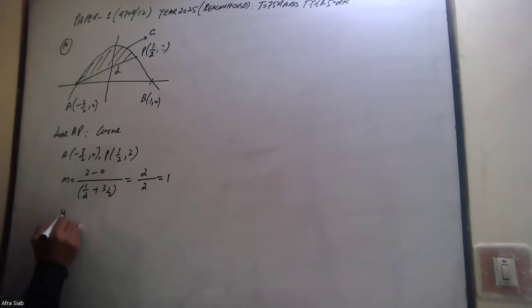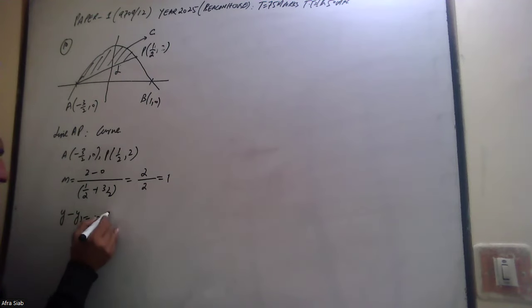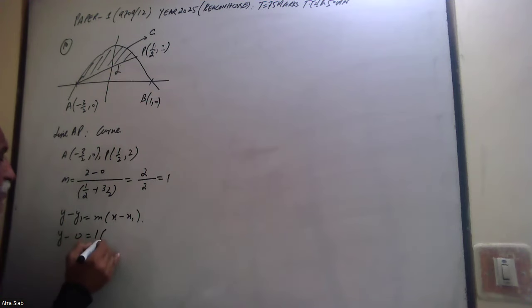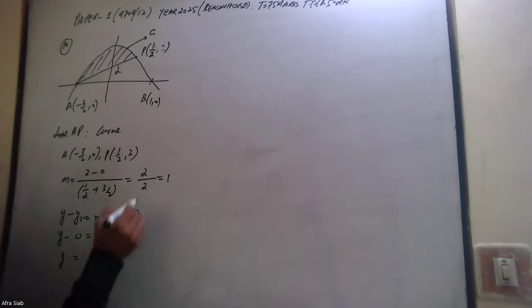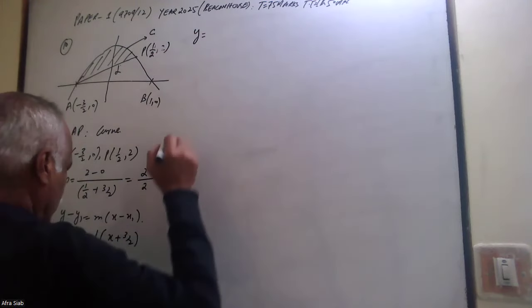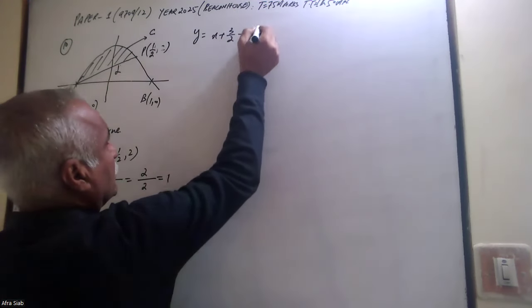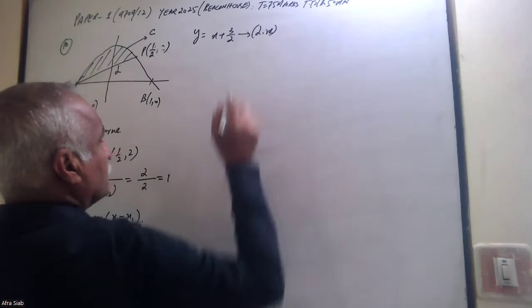So equation of line will be y minus y1 equals m into x minus x1. Now y1 is 0, m is the slope, x minus minus 3 over 2. So y is equal to x plus 3 over 2. This is the equation of this line.